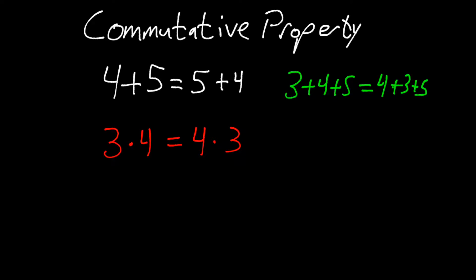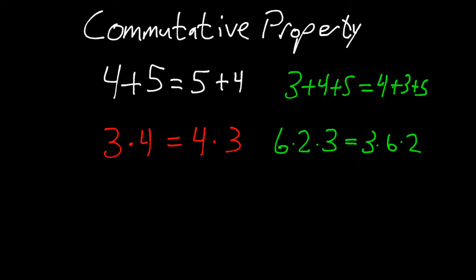That works. I have more than one addition sign, but all that's happening here is addition. So it still satisfies the commutative property. Same thing with multiplication. If I have 6 times 2 times 3, that's going to be the same thing as 3 times 6 times 2. All I'm doing there is multiplication.